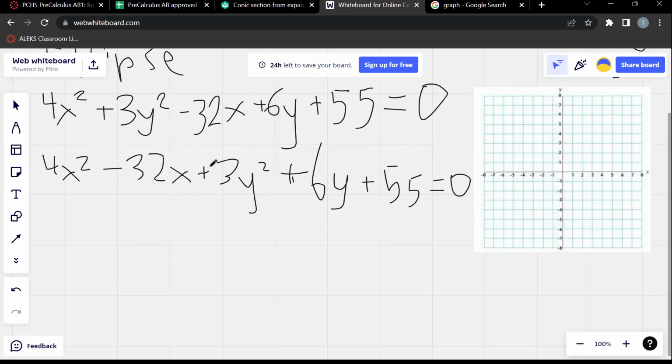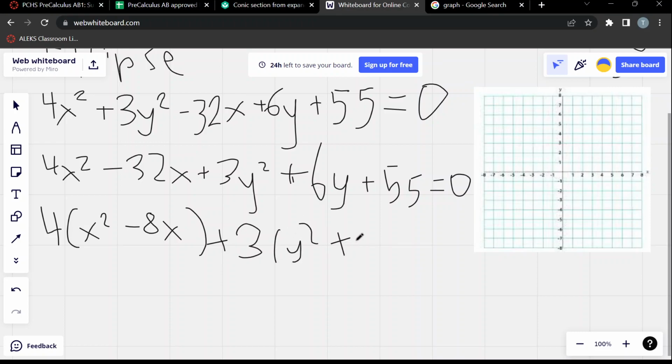Since the x squared and the y squared have coefficients, we should factor them out so that it's easier to complete the square. Also subtract 55 on both sides of the equation so that the constant is on the other side of the equation.